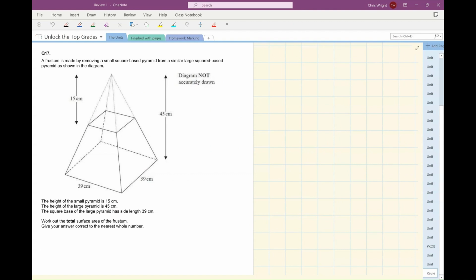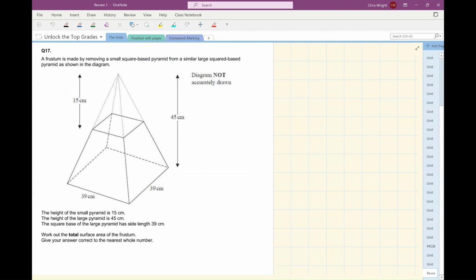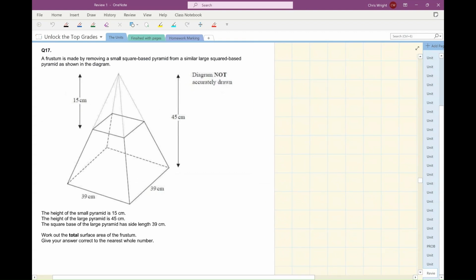Question 17. Now, this question has a couple of tricks in it which come up now and again in the exams. So, a frustum is made by removing a small square-based pyramid from a similar large square-based pyramid as shown in the diagram. So you can see there's a big square-based pyramid.